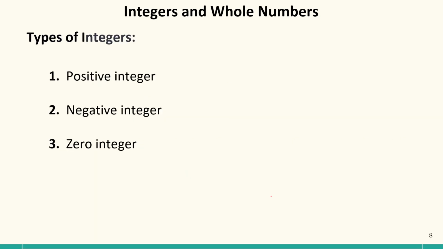Now let's explore the types of integers. There are positive integers, negative integers, and the zero integer. The zero integer is nothing but the number zero. Let's see what negative integers and positive integers are. Positive integers are 1, 2, 3, 4, and so on.